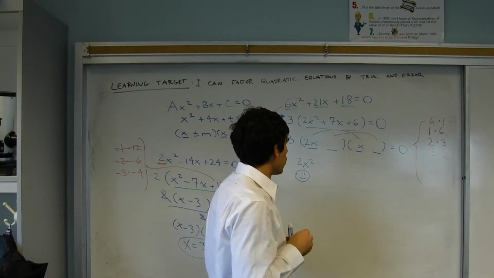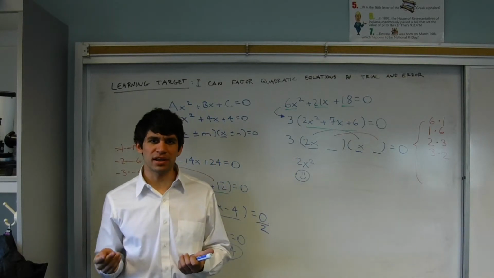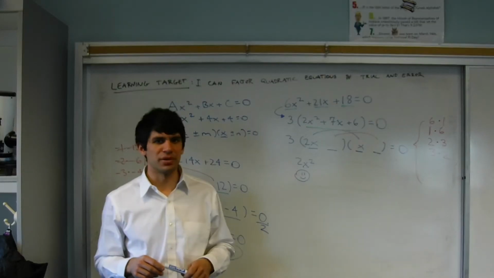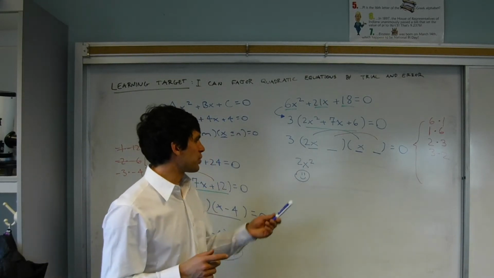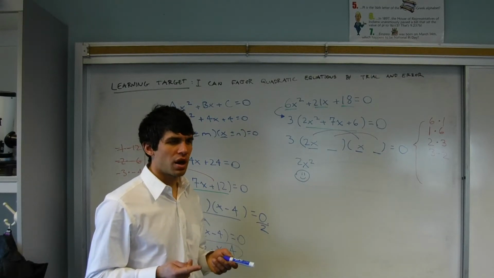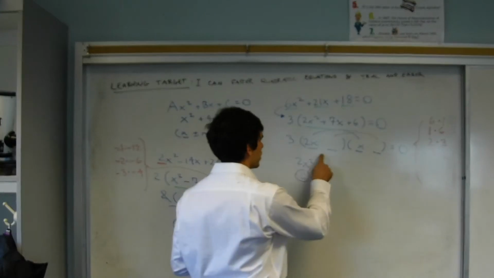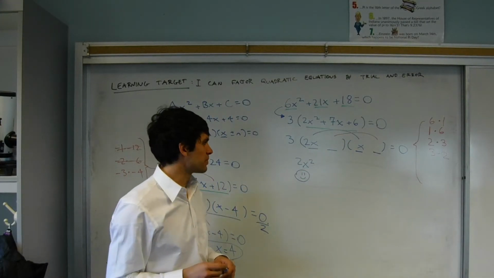Once you get to this point, there's no quick and easy way to figure out what combination you have to use, which is unfortunate. We just have to play around with these combinations and see which one will work, so that if we FOIL this out, we'll get our original quadratic expression.